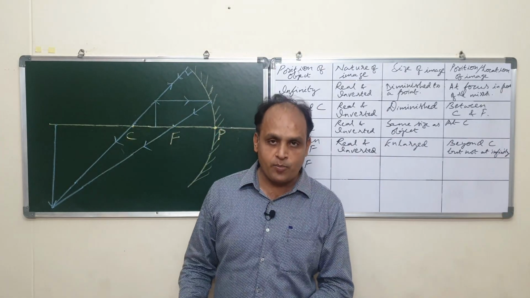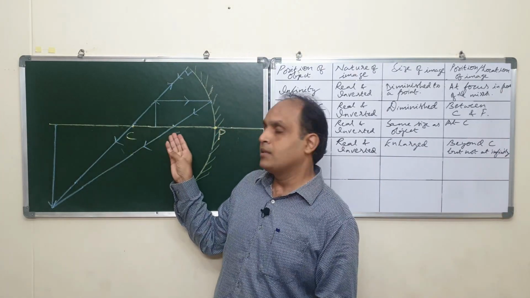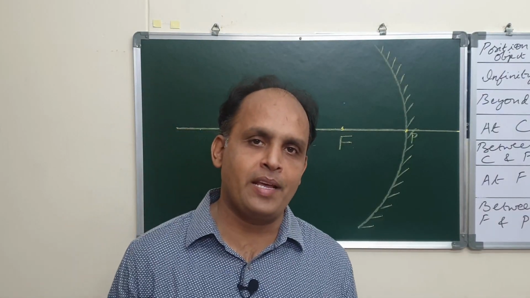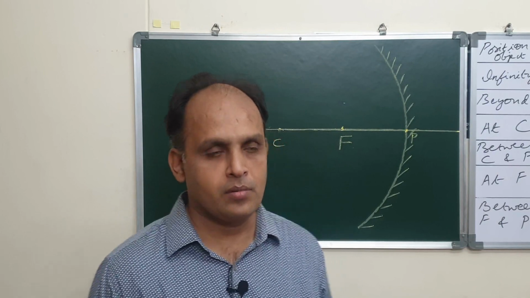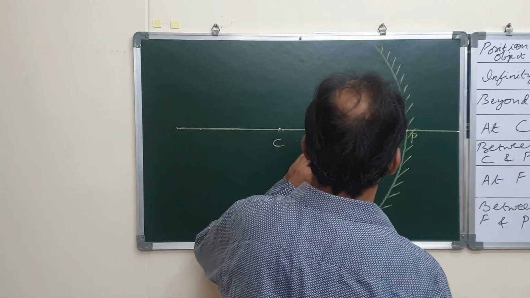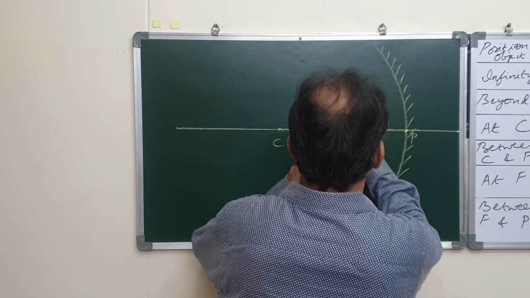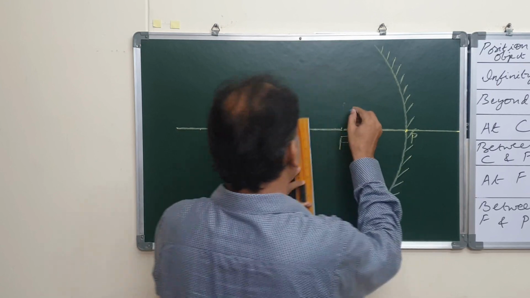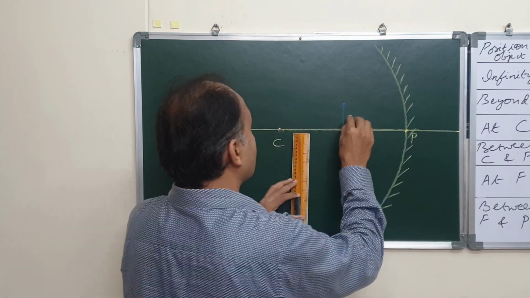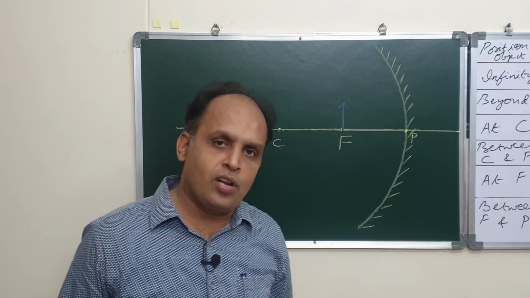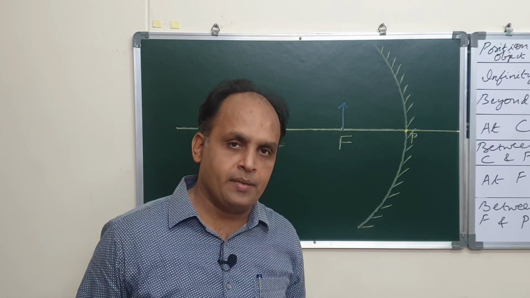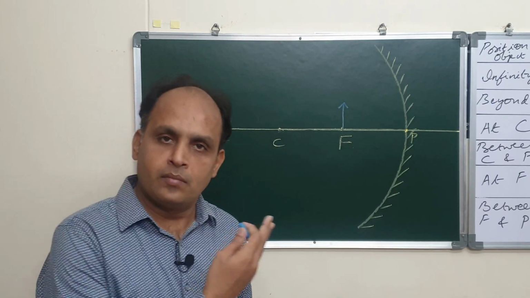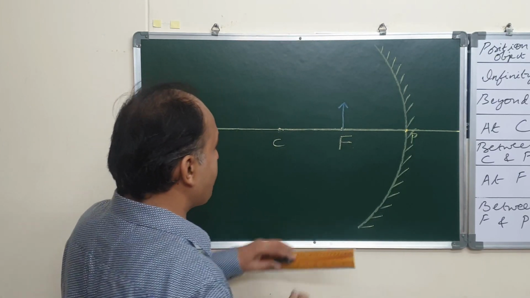So we shall now move to the next position of the object, which is obviously the principal focus. Right, we will place the object at focus. Now we are going to draw the same rays we have drawn in the previous diagram, that is one ray parallel to the principal axis and another ray hitting the mirror at an angle of 90 degrees.